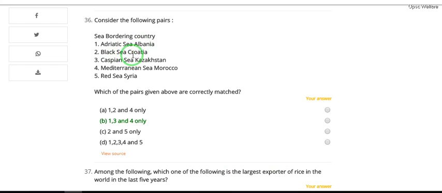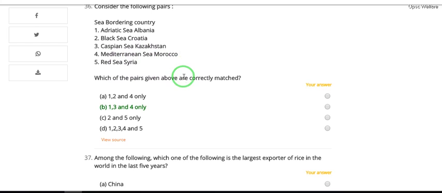Second, the Black Sea is going to be correct, and the Black Sea one is going to be incorrect, because Corsia is not actually the pair. And of course the sea boundary country, I am talking about the Caspian Sea. So Kazakhstan, of course, is going to be correct, and for the Mediterranean, of course, that is Morocco. So 1, 3 and 4 are going to be correct.